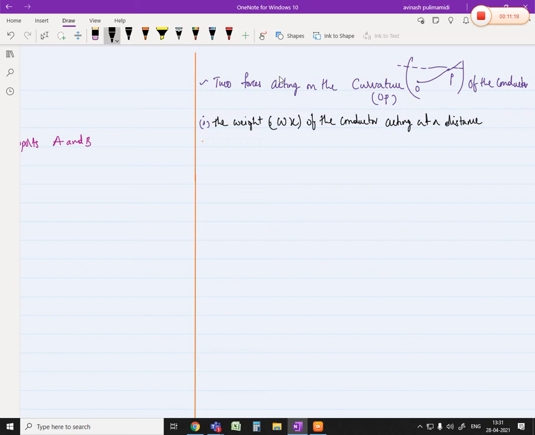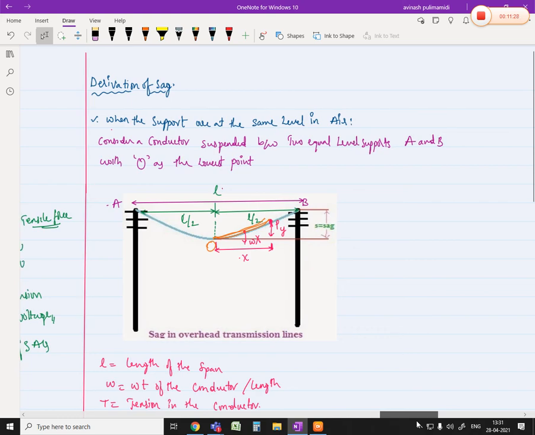So exactly at a distance, if you observe this point exactly, if 0 to P is the curvature, then exactly this will be the exact half. This will be nothing but x by 2. Am I clear?